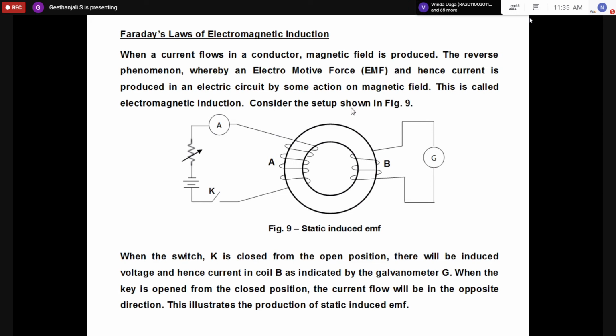When a current flows in a conductor, a magnetic field is produced. The reverse phenomenon, whereby electromotive force EMF and hence current is produced in an electric circuit by some action of a magnetic field, is called electromagnetic induction.